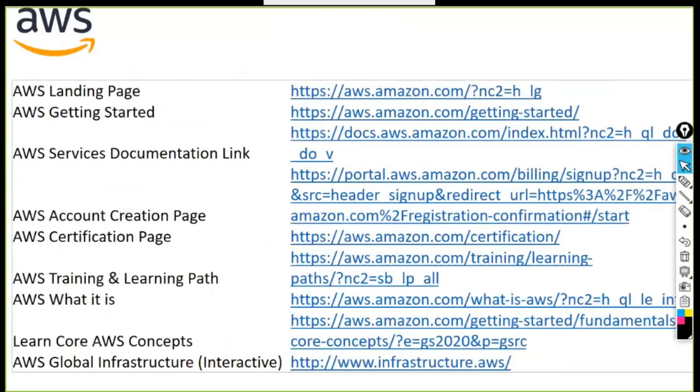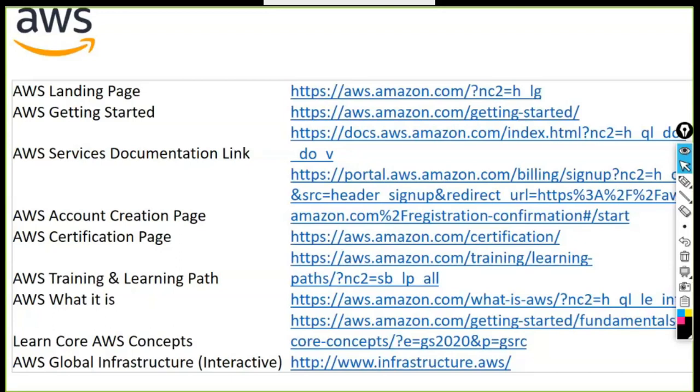Now these are some of the links I have collated together, which relate to AWS, and I'll be sharing them in the group as well. You have a landing page, a getting started portal, a documentation portal, AWS account creation, the AWS certification page, and training and learning paths. Also what AWS is all about, core concepts of AWS, and global infrastructure.